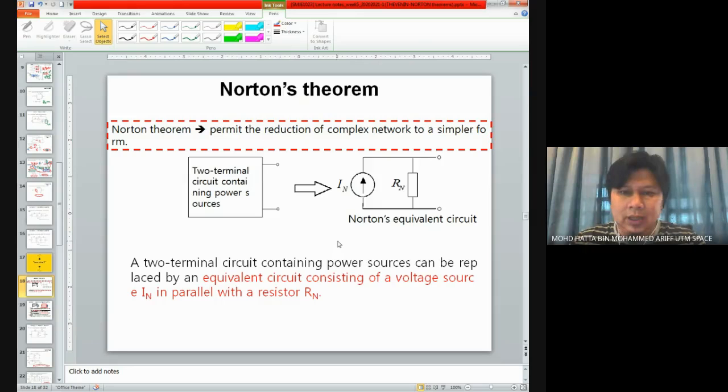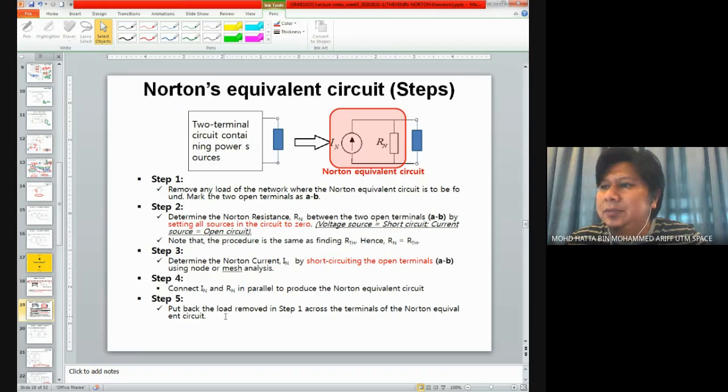However, that's not the case at the moment. What we're trying to do here is we try to step by step directly find the Norton equivalent circuit parameters, which is IN and also RN. The steps, I think step number 1 is the same as we seen earlier.